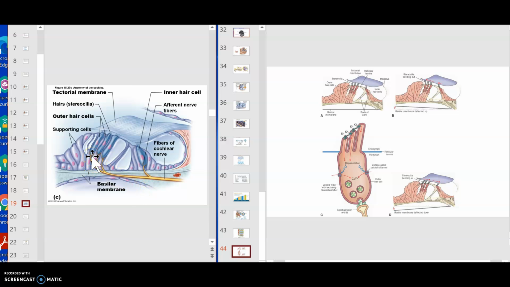And what it appears is that the outer hair cells are important in increasing the responsiveness by amplifying the motion of the basilar membrane. So signals come from the brain into these.